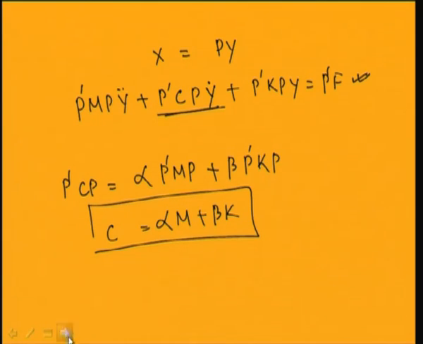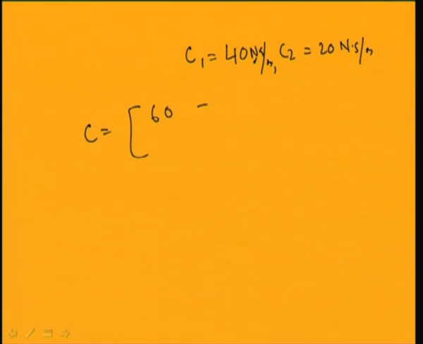In this case, let me take C1 equal to 40 and C2 equal to 20, that is, 40 Newton second per meter and 20 Newton second per meter. Then the C matrix will reduce to 60, minus 20, minus 20, 20.